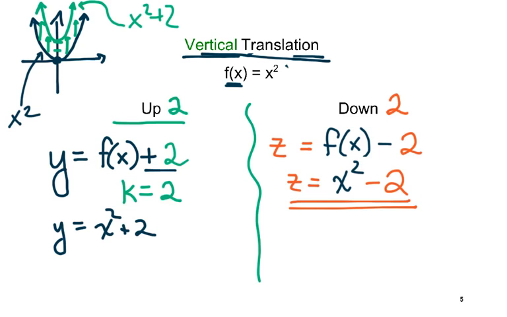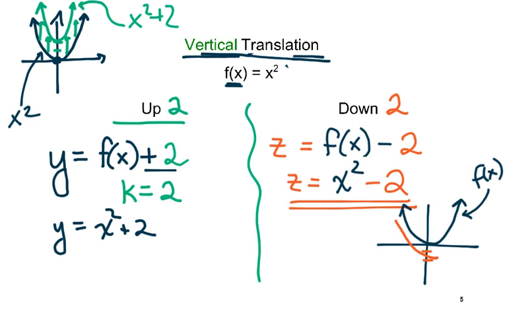So again, if we were to draw a graph, the original graph of f of x looks like this, our parent function, right? That's just f of x. But we are going to shift the whole function down 2. It's not the most beautiful drawing. Down 2.